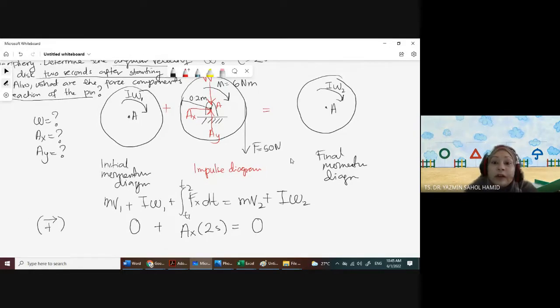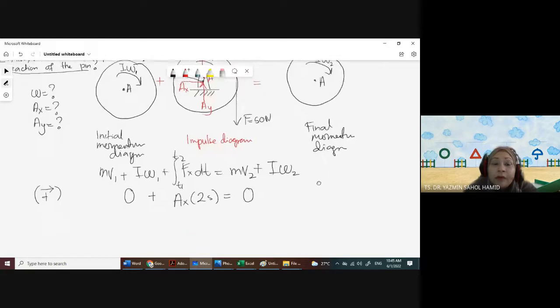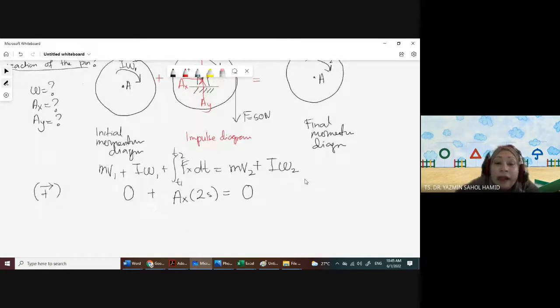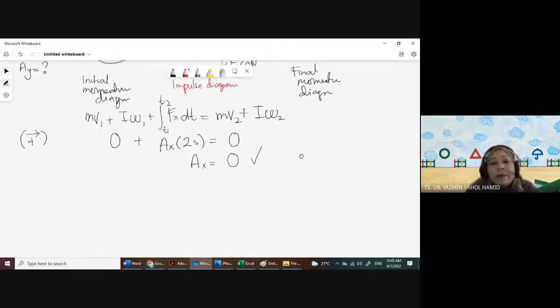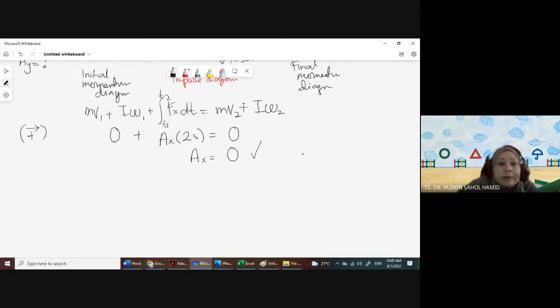If you draw the free body diagram, you would know. If you don't draw, you main letak je. That's why you need to draw the free body diagram. Okay. So obviously, what we can say here, what would be our answer for AX? 0 lah. So this is the answer. Okay. Alright. Tak apa. This is the first example kan.